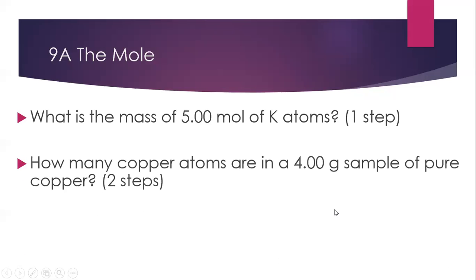And then the next question we have is how many copper atoms are in a 4-gram sample of pure copper? Notice this one is actually giving us 4 grams, the mass, and asking us to find the atoms. So this is a 2-step.